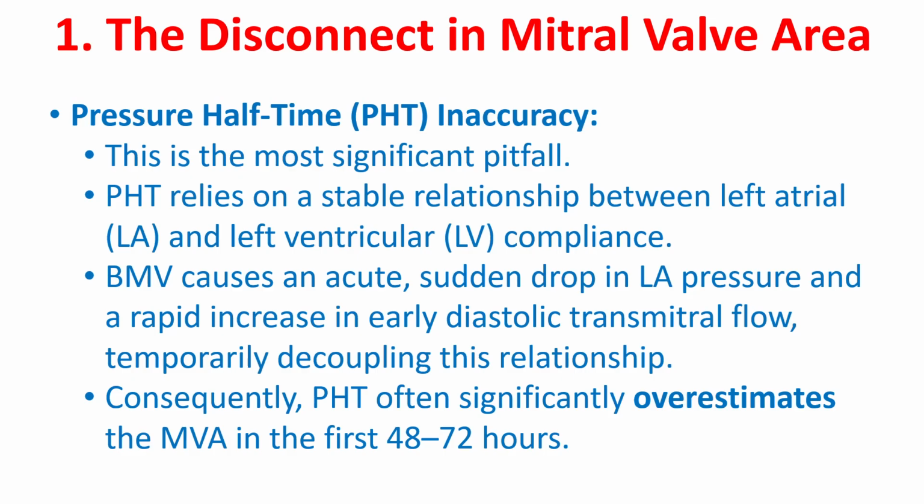BMV causes an acute sudden drop in LA pressure and a rapid increase in early diastolic transmitral flow, temporarily decoupling this relationship. Consequently, PHT often significantly overestimates the mitral valve area in the first 48 to 72 hours.